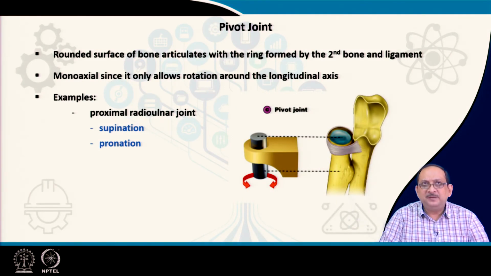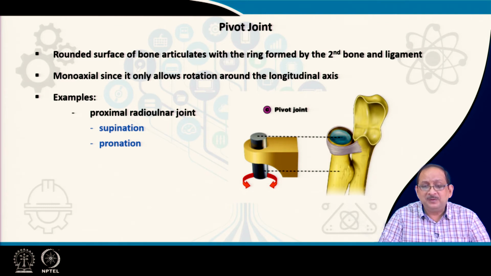The pivot joint is formed when the rounded surface of a bone articulates with the ring formed by the second bone and the ligament. The pivot joint offers monoaxial movement since it only allows rotation around the longitudinal axis.